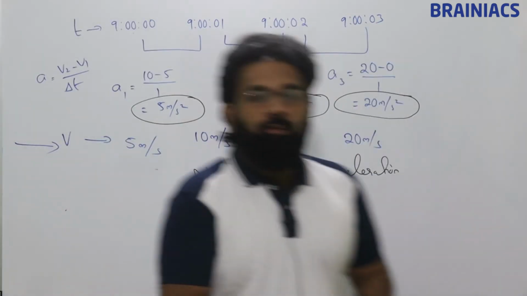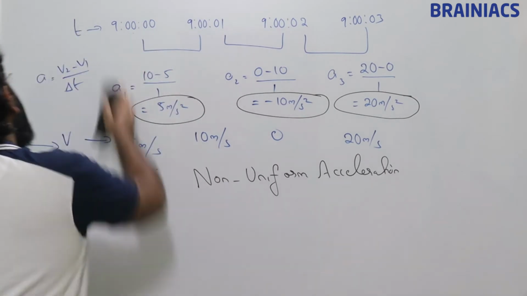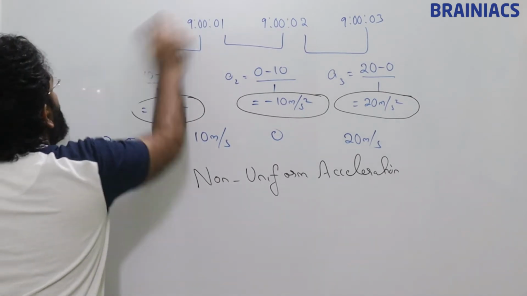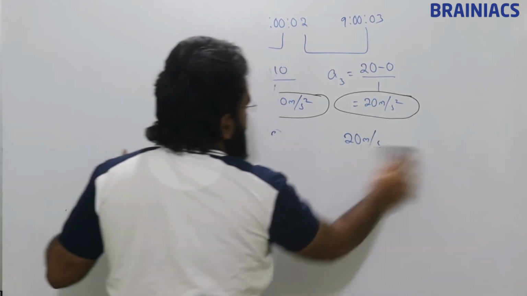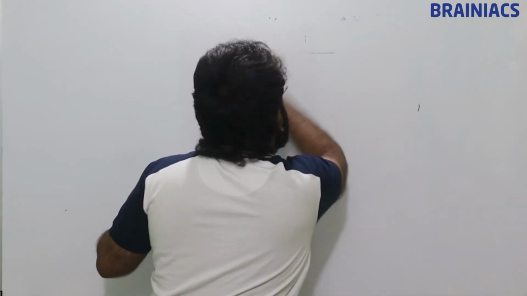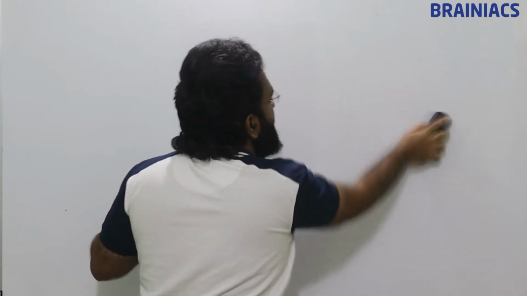Okay, so in our practical case, when we drive a vehicle, car or bus or bike or cycle, whatever it may be, what kind of motion is it, think. Obviously that will be non-uniform motion with non-uniform acceleration.